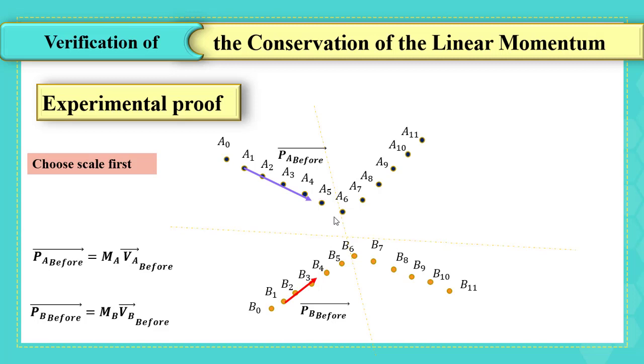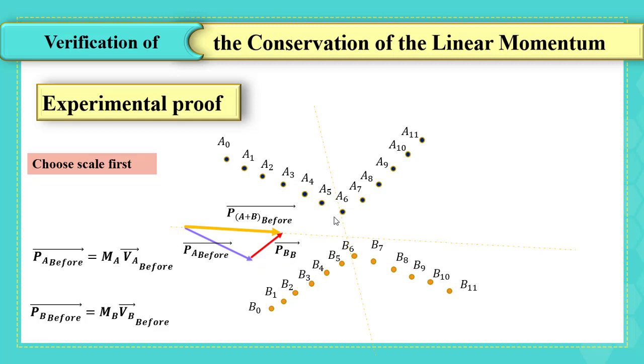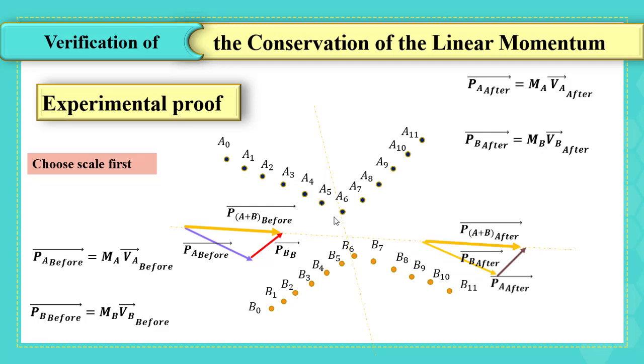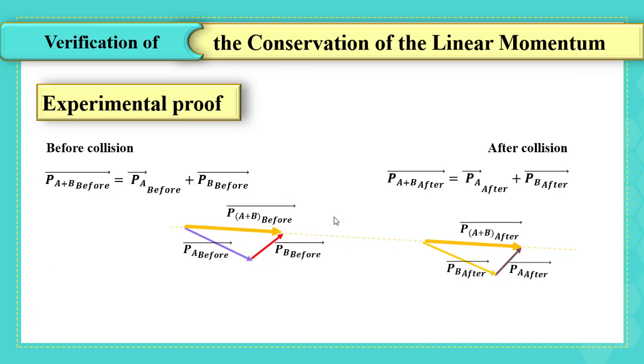Measuring the linear momentum of the system before collision means adding vectors. We represent the vectors of linear momentum of A and that of B before collision and after collision, then add them as vectors. So we find that the two measured vectors before and after collision have same magnitude and same direction. Thus, the linear momentum is conserved.